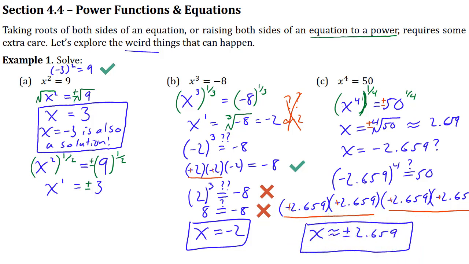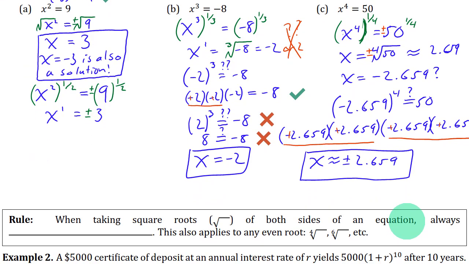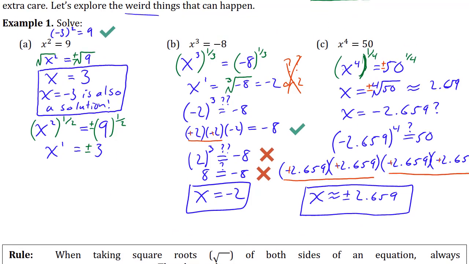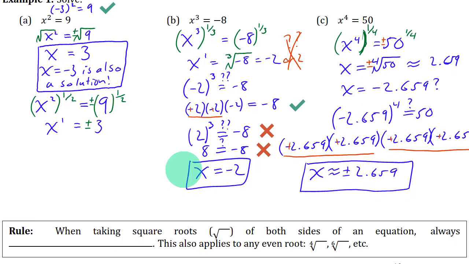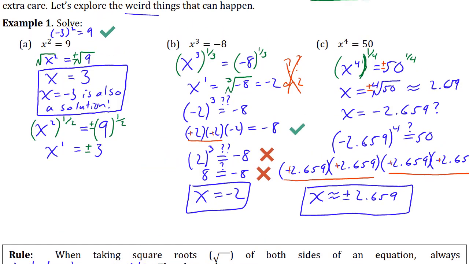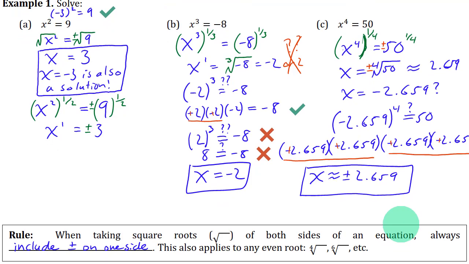Okay, so the moral of the story is this rule here. When you're taking square roots of both sides of an equation, always include plus or minus on one side. Just like we had to do with the a here. This also applies to any even root, like a 4th root or a 6th root.